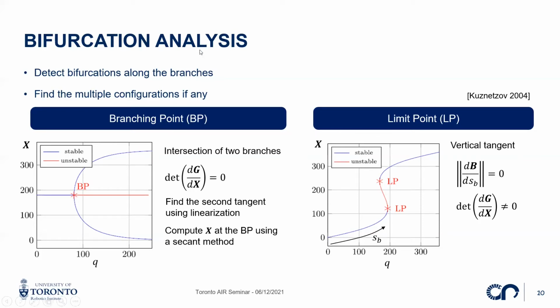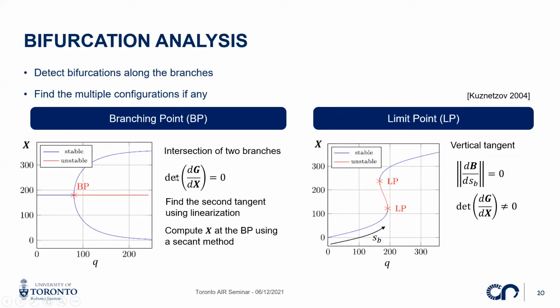There are in particular two kinds of bifurcation that are relevant and interesting for us, which are branching points, where we have two branches that actually intersect at one single point, and limit points, where we have these vertical tangents along the curve. Basically, bifurcation analysis will provide detection functions to be able to detect these particular points.